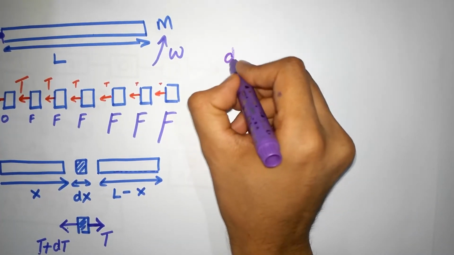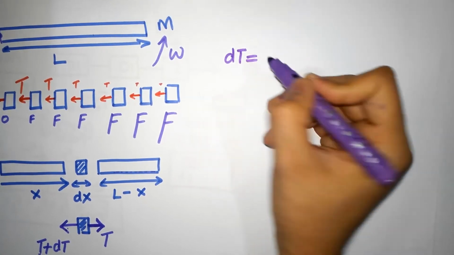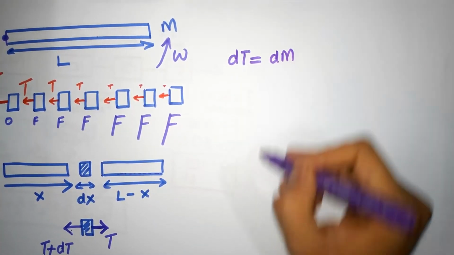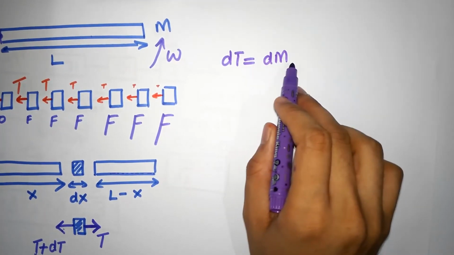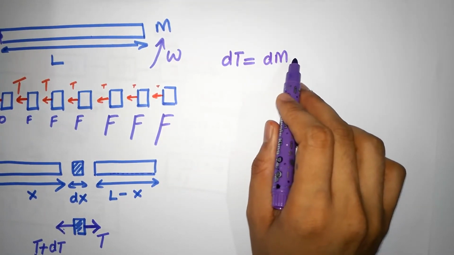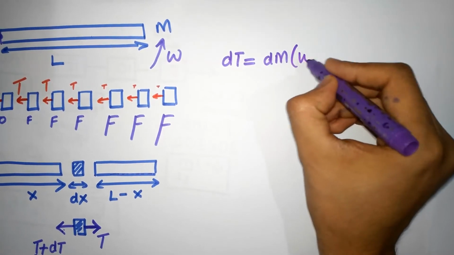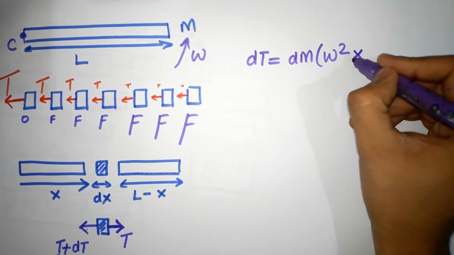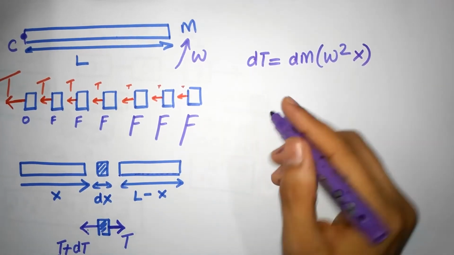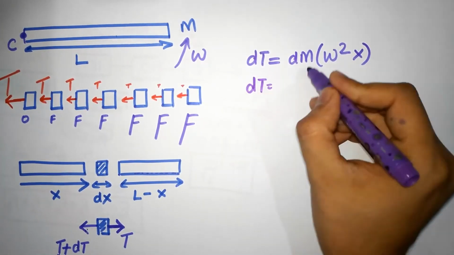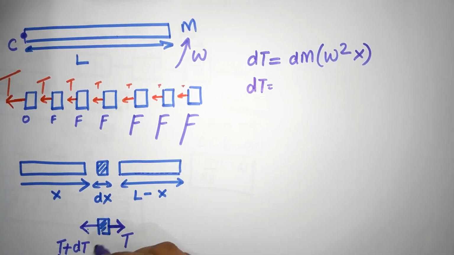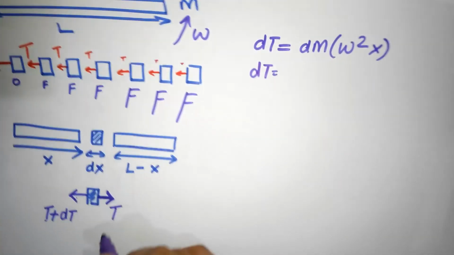So dT, the net force, has to be equal to mass times acceleration. That's the small mass dm times the acceleration. Acceleration is going to be centripetal acceleration. Centripetal acceleration is omega squared r. So omega squared into r, which is this guy, x. So dT turns out to be equal to dm times omega squared x. How do I calculate what dm is? This dm is the mass of this fellow.